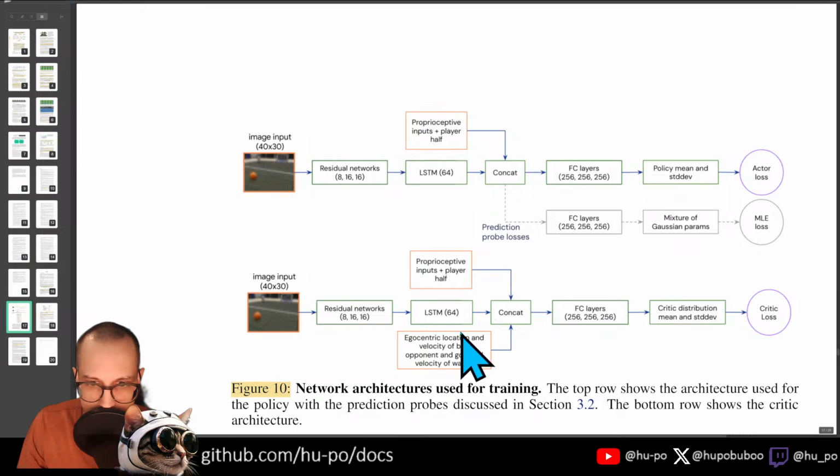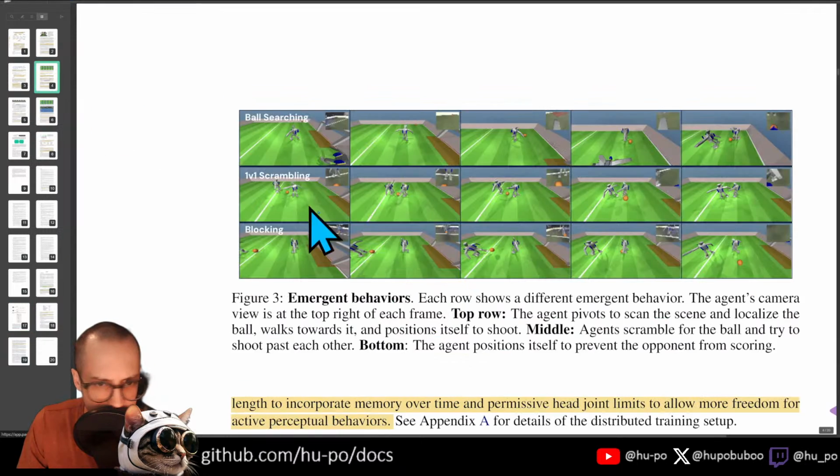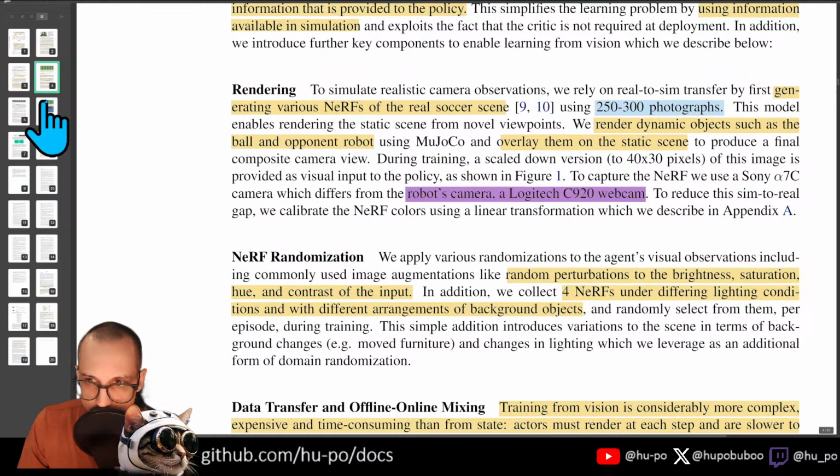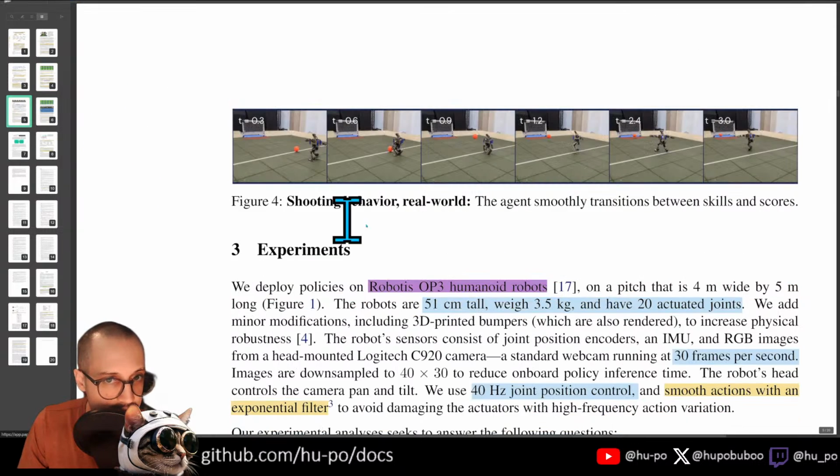And I think the 64 here refers to the fact that it's 64 steps in the past. So the number of previous steps going into this LSTM is 64. And then they mention that this is running at 40 hertz. I think somewhere over here.